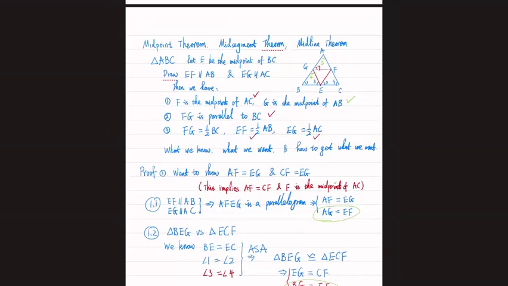Okay, one more left. FG half of BC. We will do the same thing because the two triangles are congruent. So GF and BE are the same length. And E is the midpoint, so these two are the same length. So all three are the same length, and they'll be half of the sum.